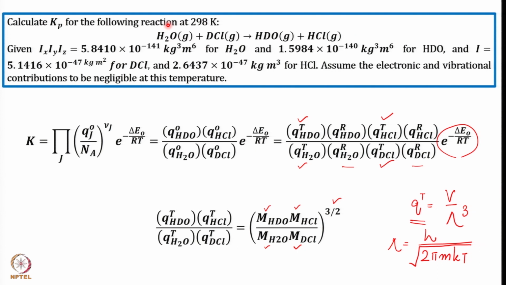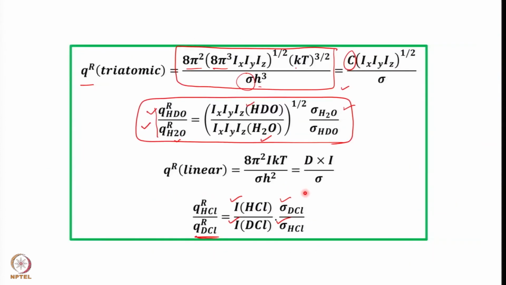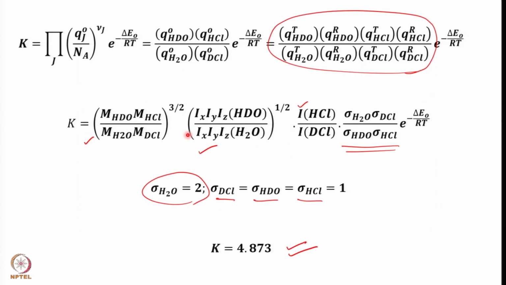Since you are ignoring those two, the ratios of the translational contribution depend only upon the molar masses, and the ratios of the rotational contribution depend only upon the moments of inertia and symmetry number. Once this information is available, you can easily come to a final answer for the equilibrium constant.